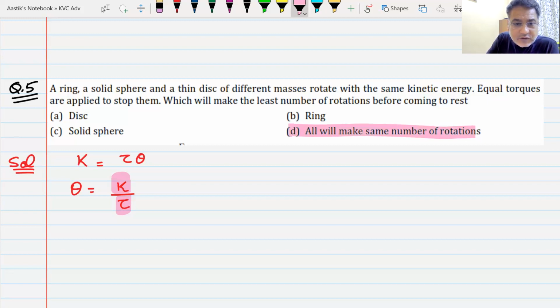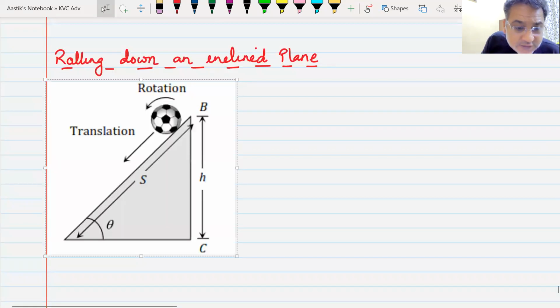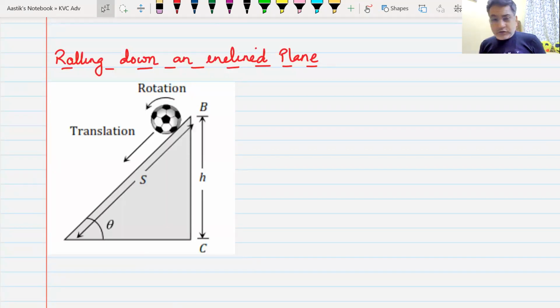So you will have a body which would be rolling down an inclined plane, no other force acting on it. It would be pure rolling, no other force apart from gravity, and obviously friction would be sufficient for it to roll down.